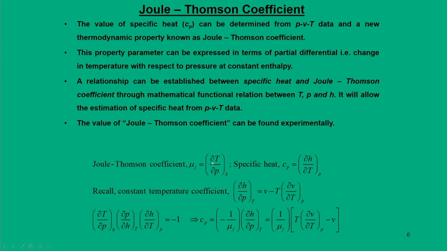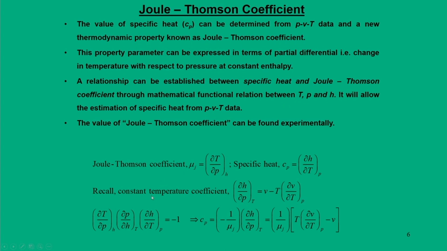This is one such parameter we came across when deriving the mathematical equations involving thermodynamic relations. We also know another term, the specific heat, which is also defined in terms of H and T, that is, the change in enthalpy with respect to temperature at constant pressure. So, these two parameters become vital to form a relationship, and we can establish it from the mathematical functions we have learnt so far.